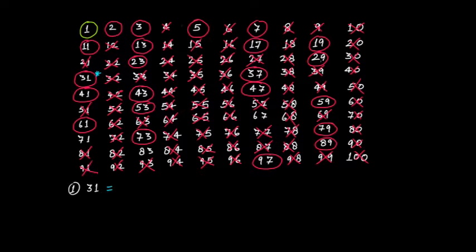What is the previous prime number to 29? It is 23.